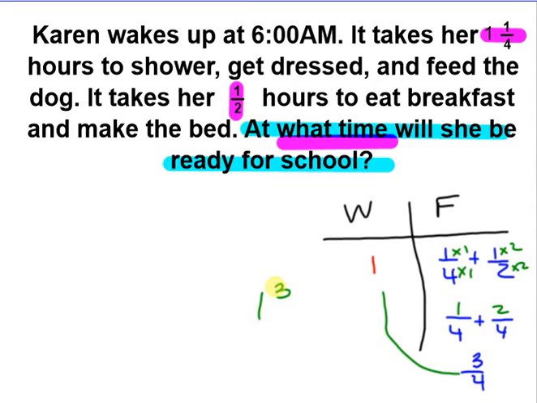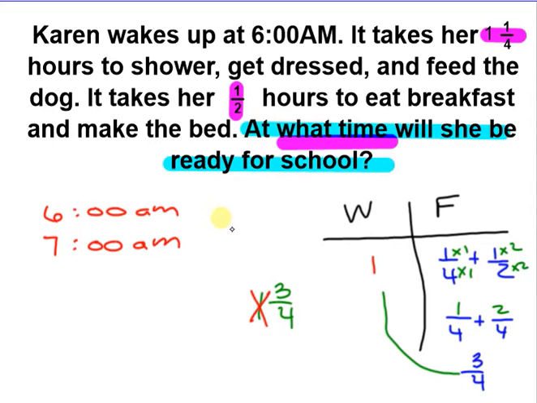And now I'm going to marry these two together. So 1 3/4. But that's not my final answer, because now it's asking me what time will she be ready for school. So let's see. She wakes up at 6 a.m. Okay, so let's get rid of this 1 whole hour here. 1 whole hour past 6 a.m. is going to be 7 a.m. Okay, now we have 3/4 of an hour.